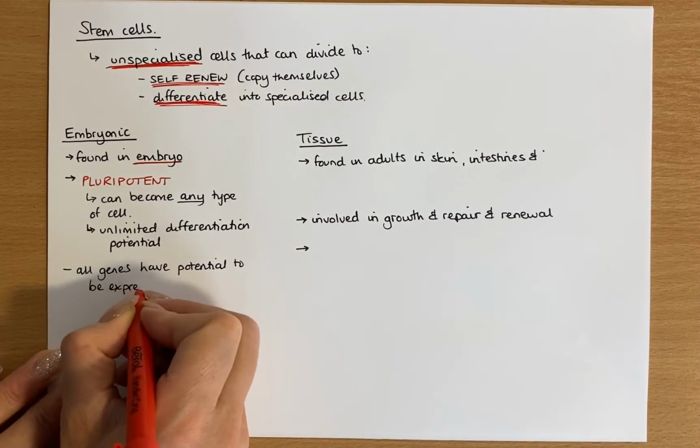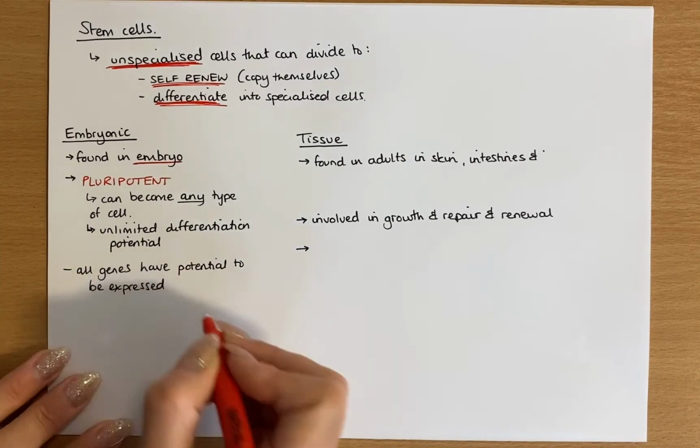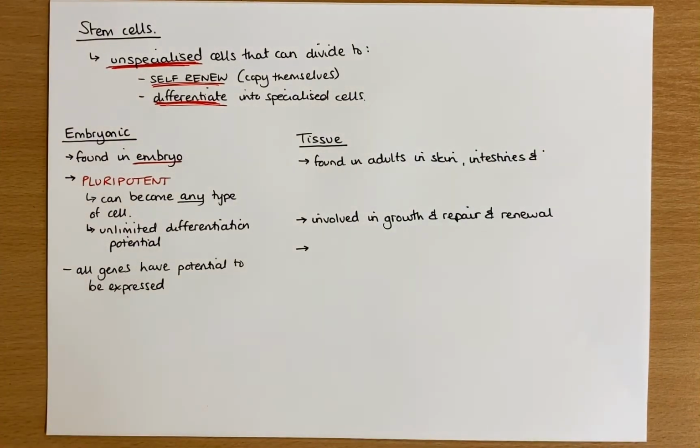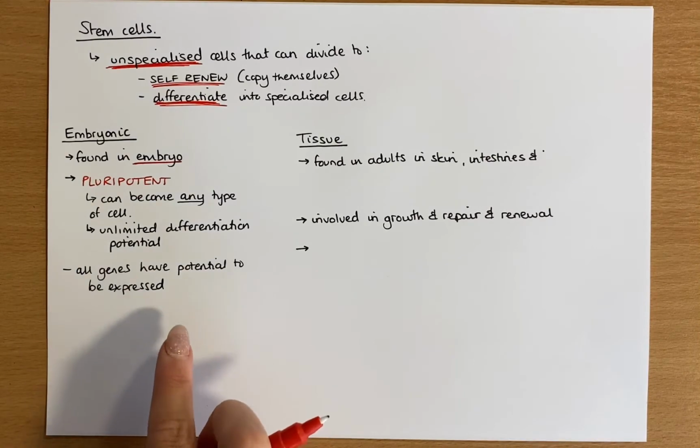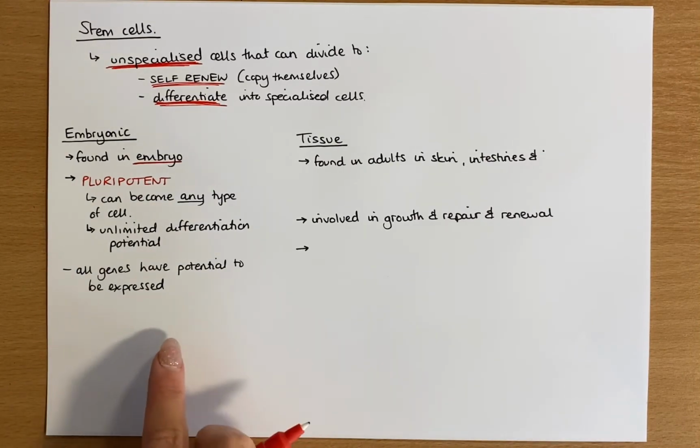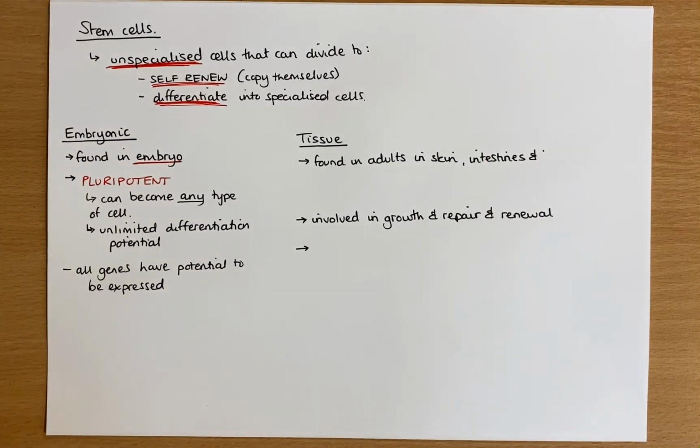So that basically means that they've not all been switched off or they've not all been switched on, for example, and therefore they've not begun to express particular proteins yet. We can flip a wee gene on and then tell it to produce a certain type of chemical. Okay, so these have an unlimited differentiation potential. They can become any type of cell. And that's what is known as pluripotent.